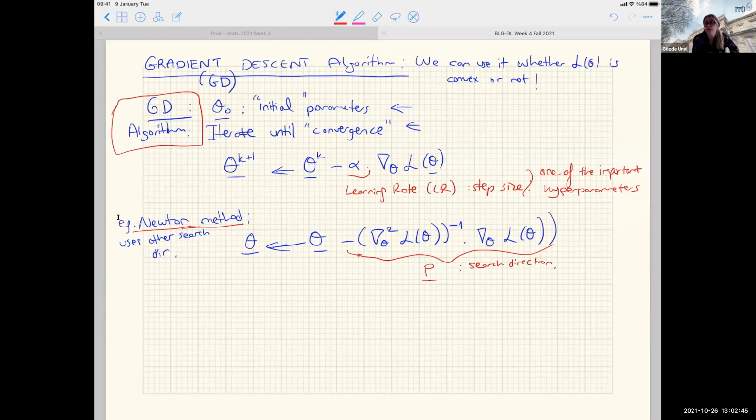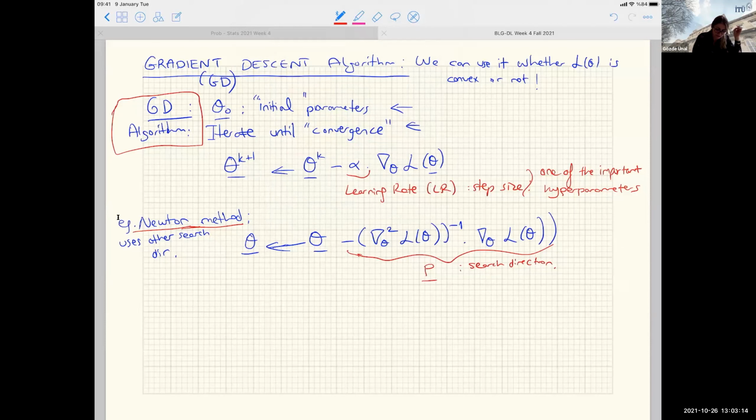Just imagine computing the Hessian with millions of parameters. If it's 500 million, then it's 500 million by 500 million, and you have to invert that. But there are some approximate inversion formulas, where we approximate the Hessian through first order gradients.